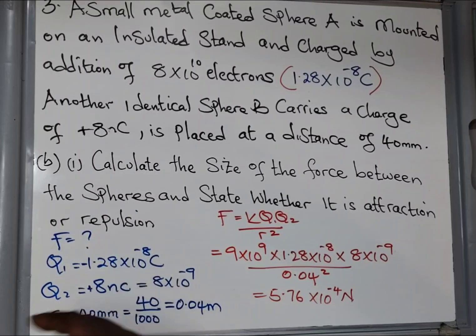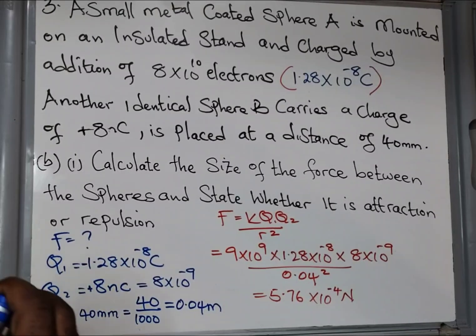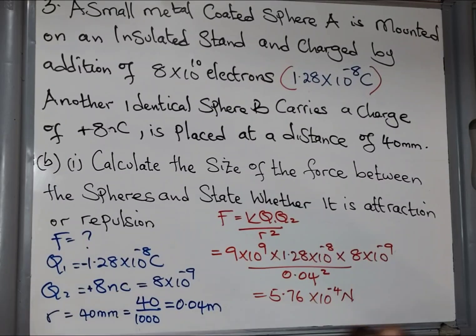One is positive and the other one is negative. So the question is, what happens when two charges are unlike and they are close together? The answer is they attract. And that is the answer. The force is attraction.